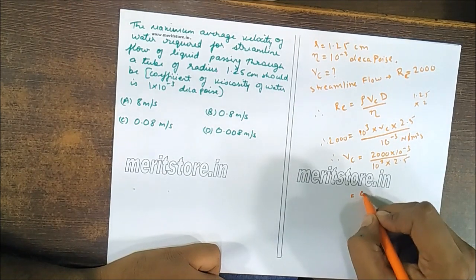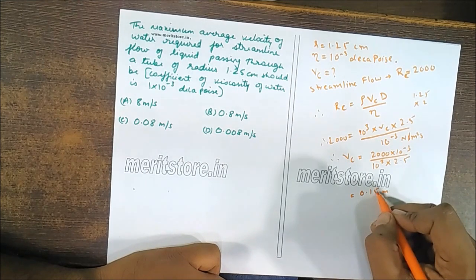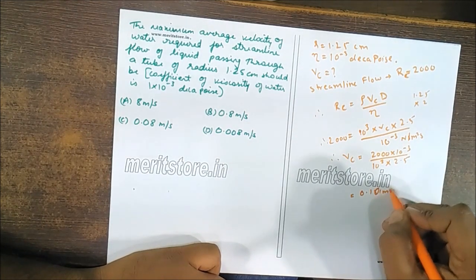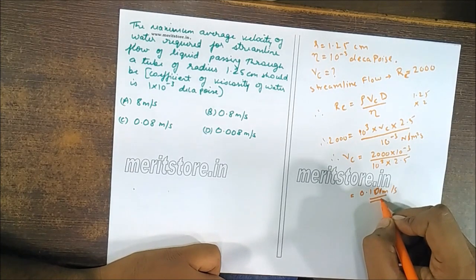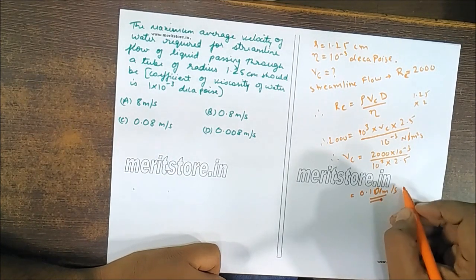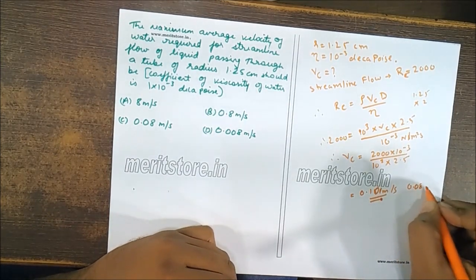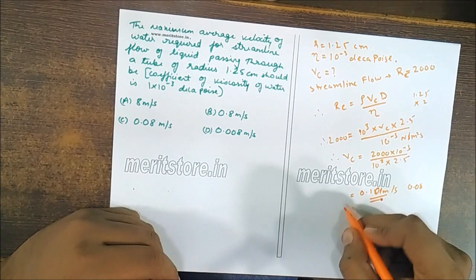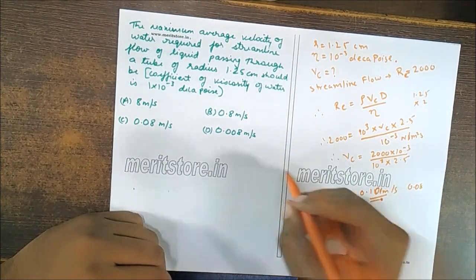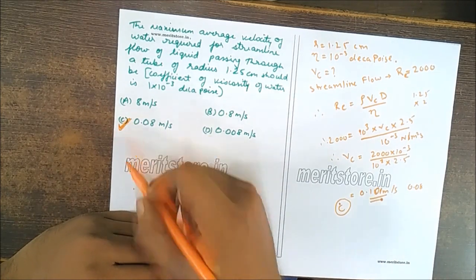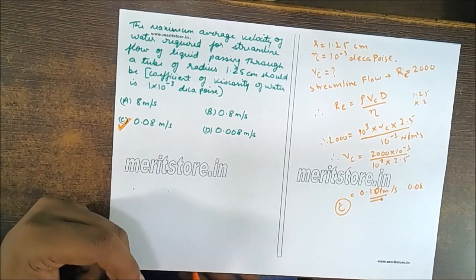So this comes to 0.101 meter per second, which is close to 0.08. That is option C. So it comes to 0.1, that is close to 0.08.